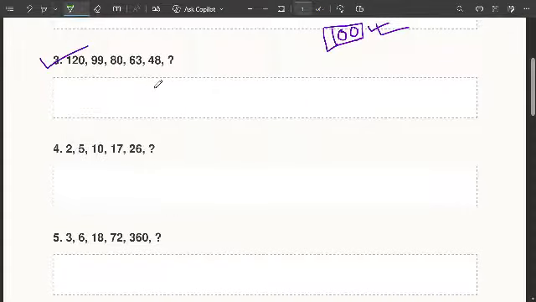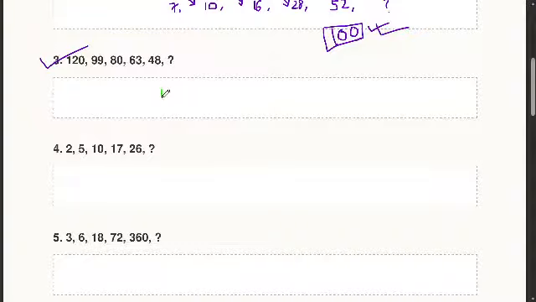So in this question, here it is 120, and this is 99. This is 80. This is 63.